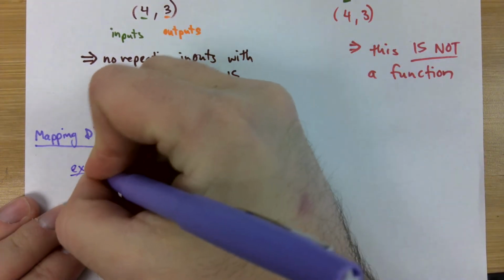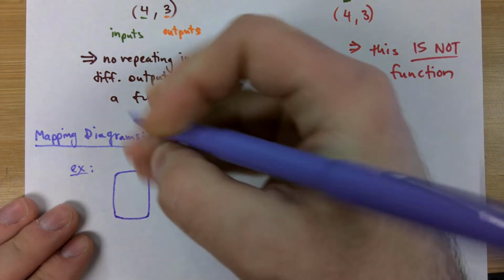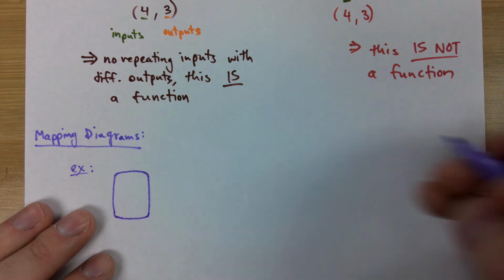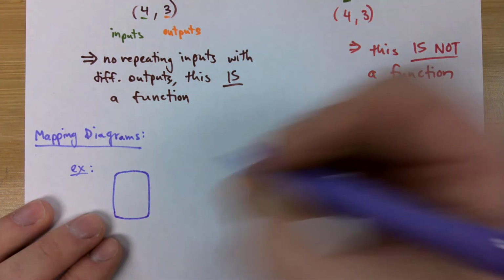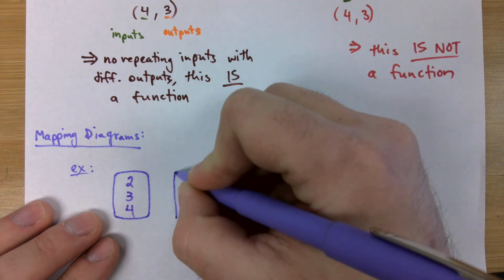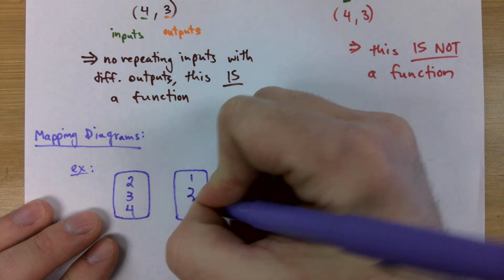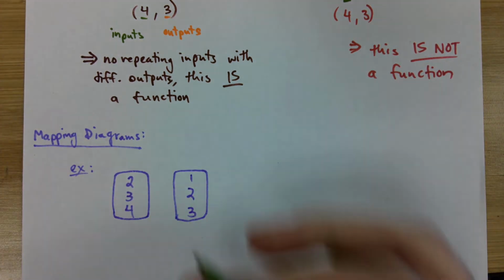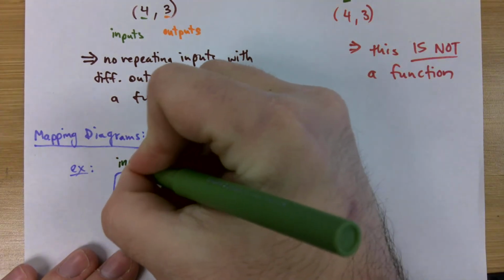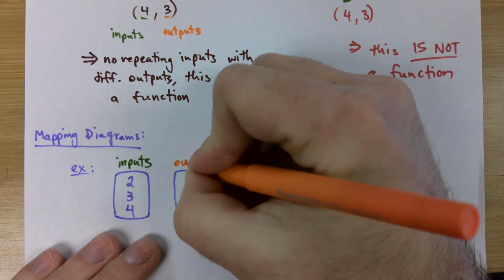Let's get our example. Got a little box here with a 2 and a 3 and a 4. We got another box next to it with a 1 and a 2 and a 3. We're going to call the first box our inputs. Second box our outputs.